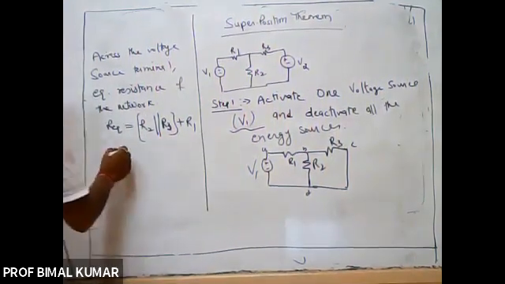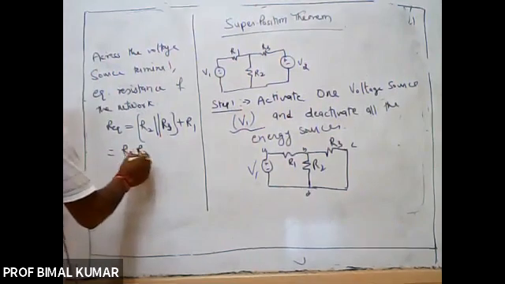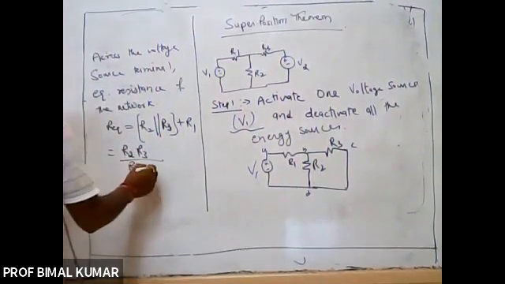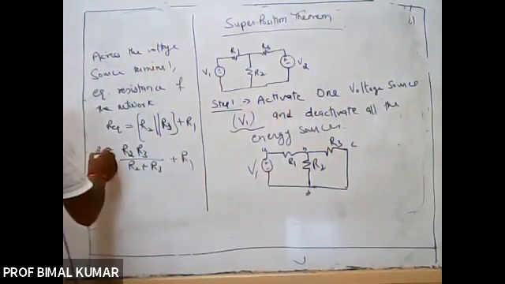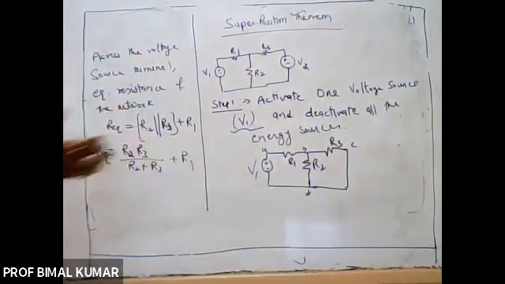So this will be R2 R3 divided by R2 plus R3, plus R1. So this is your R equivalent across the voltage source terminal.